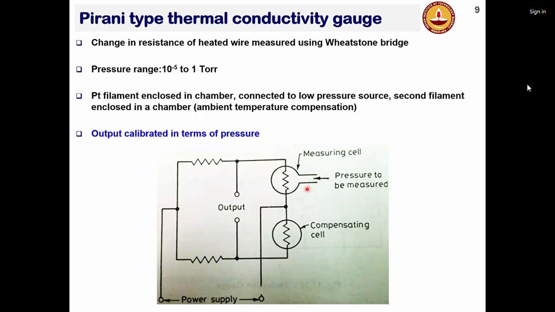Typically, these Pirani type thermal conductive gauges are used for measuring pressure from about 10⁻⁵ torr to about 1 torr. So very low vacuum pressure measurement can be done.